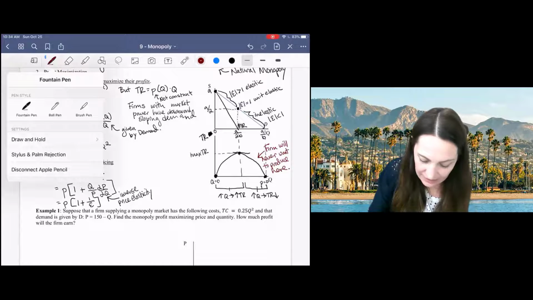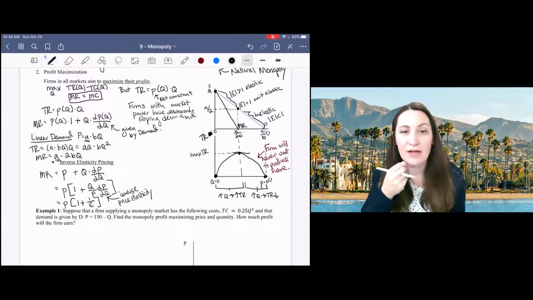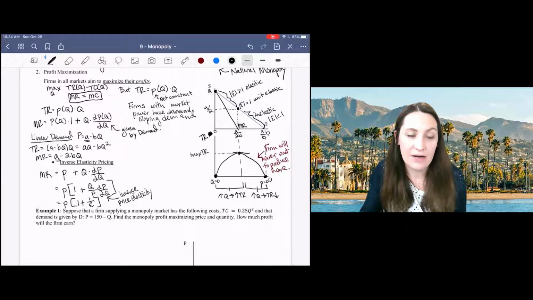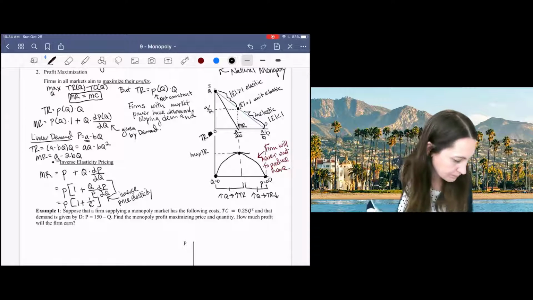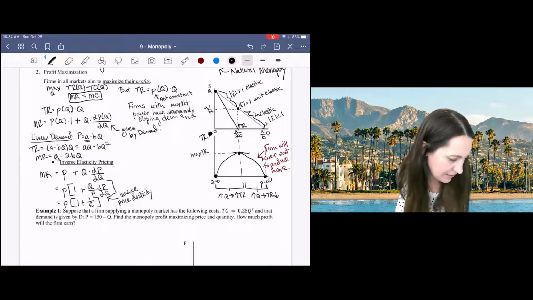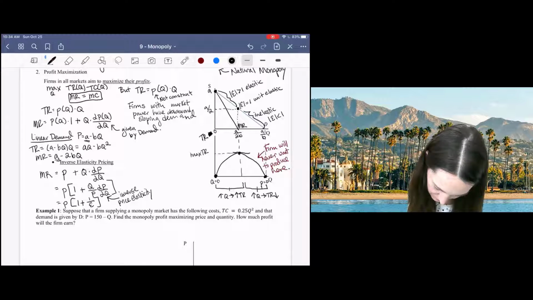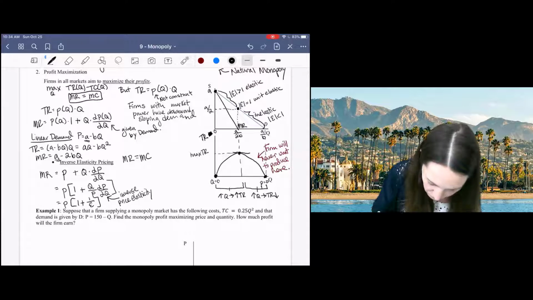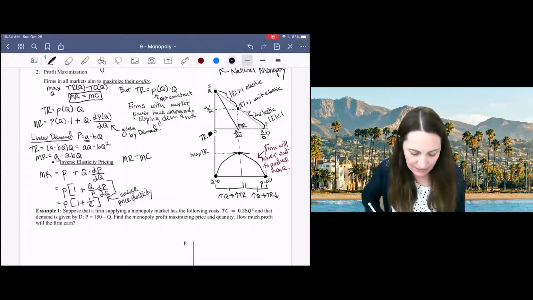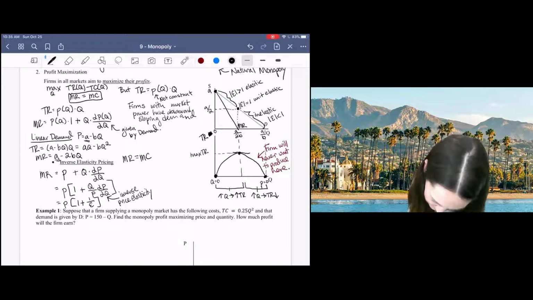And where along the elastic portion of the demand curve they will want to be operating depends, of course, on total cost, but also on elasticity. So we can think about, if marginal revenue is equal to marginal cost, what is this relationship between price and elasticity?